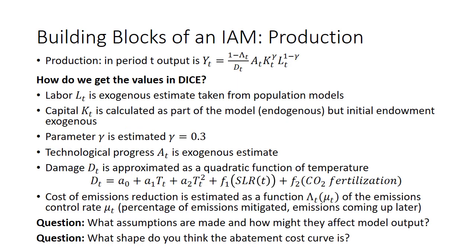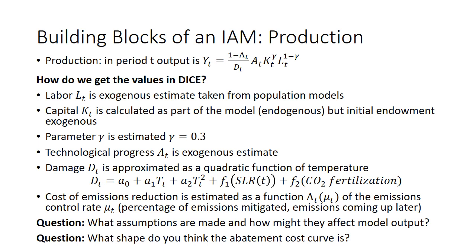How do we get the values in the DICE model? Labor is taken as exogenous. It's an estimate taken from population models. So labor is basically just the global population. Exogenous means it's not affected by things happening in the model. Endogenous would be something that is affected by things happening in the model, like capital in the next bullet point.